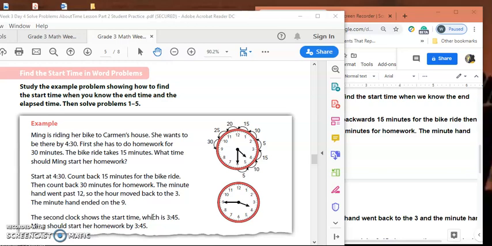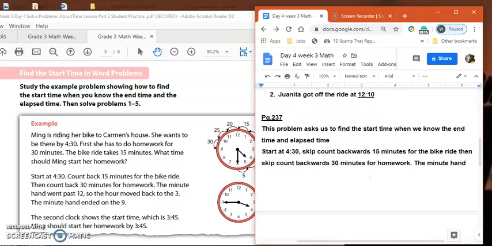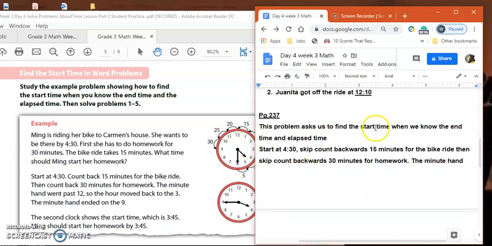Okay, so let's see. So this problem is asking us to find the start time when we know the end time and the elapsed time. So we're going to start at 4:30. Then you skip count backwards 15 minutes for the bike ride, and then skip count backwards 30 minutes for the homework.